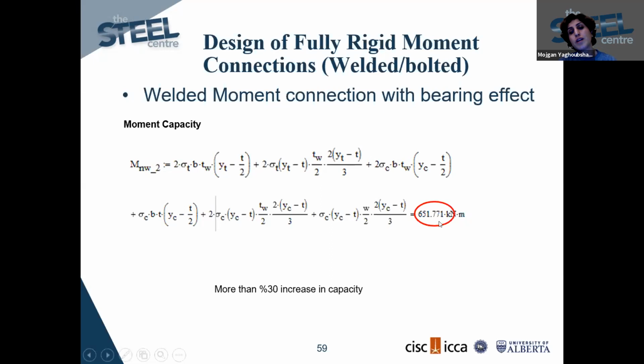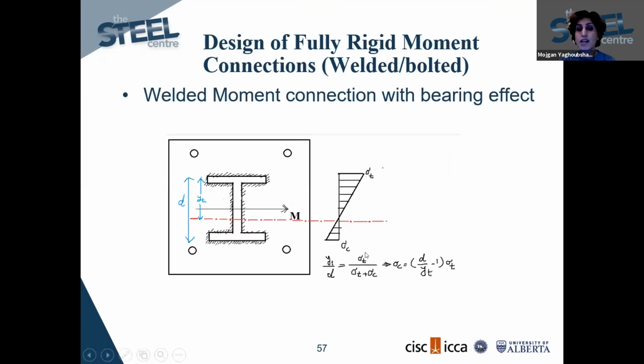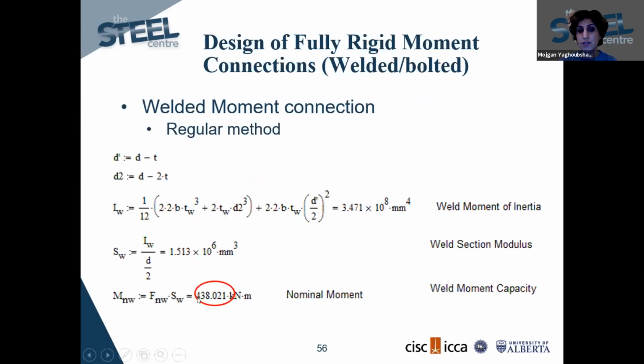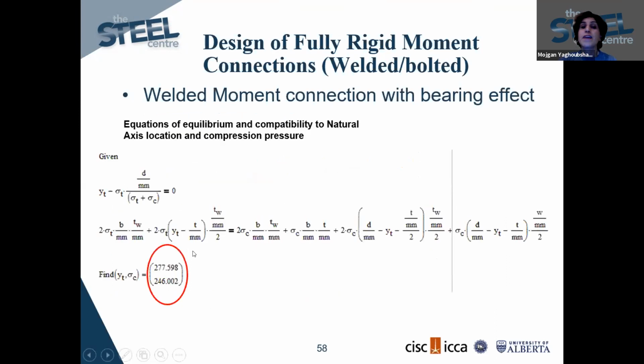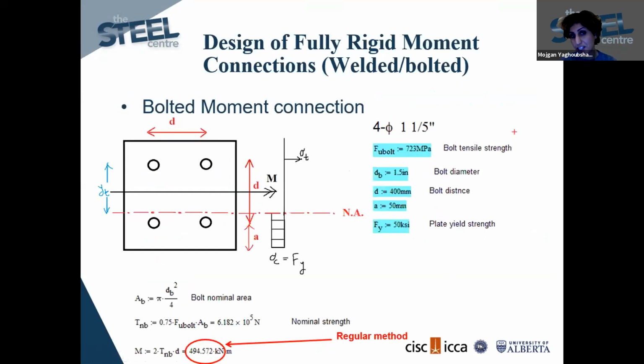So if you compare, using this method the connection capacity would be 651 kilonewton meter. And if we use the conventional method, the connection capacity would be 438 kilonewton meter. We can further extend this concept to the design of bolted connections as well.